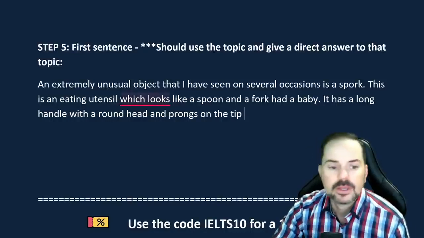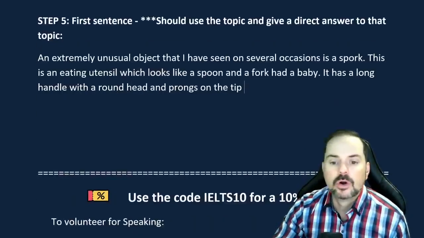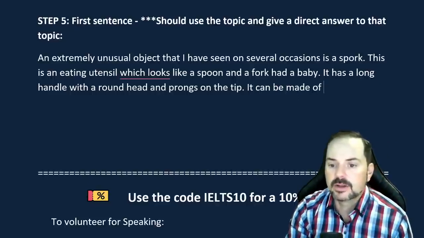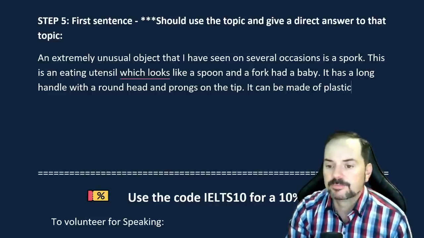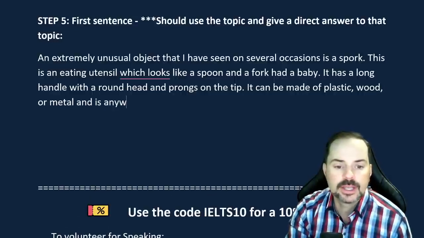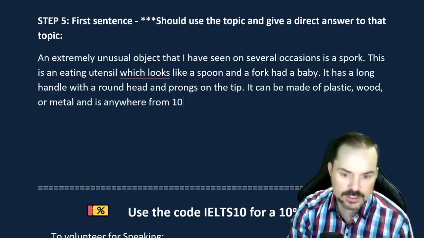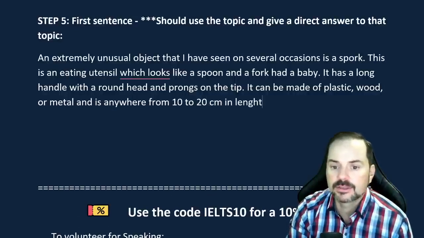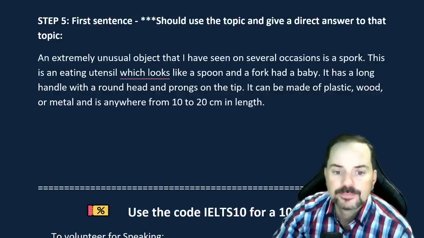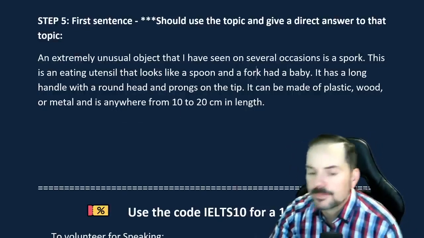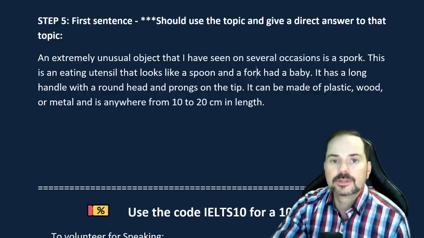All right. It can be made of plastic, wood, or metal, and is anywhere from 10 to 20 centimeters in length. Okay. All right. So that's what it looks like.